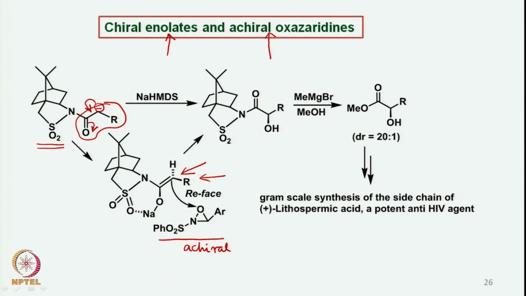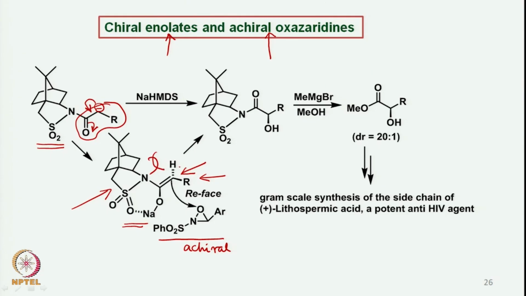Now there is a possibility of something like this, and since the large part of the molecule is on this side, therefore the small group which is hydrogen goes backside. So this is a favored possibility of an enolate where the large group is coming towards us because the backside has steric hindrance of this type.